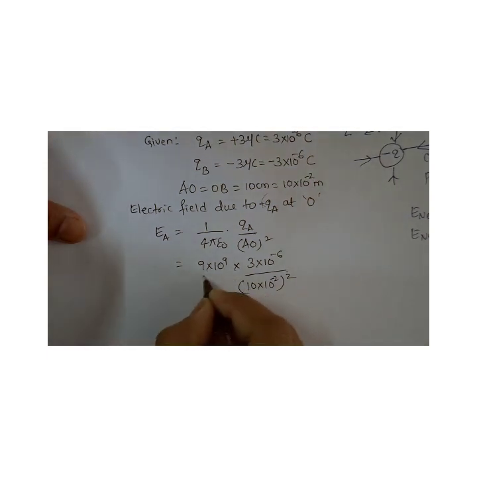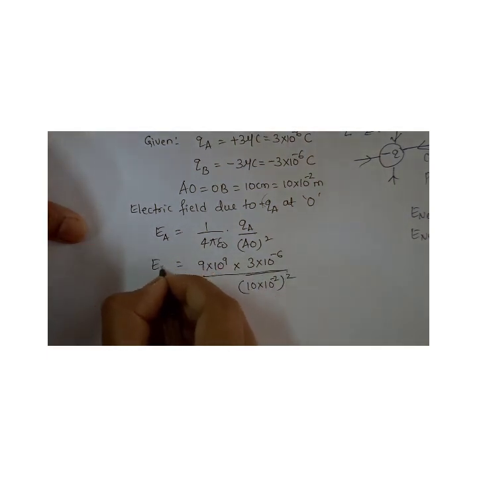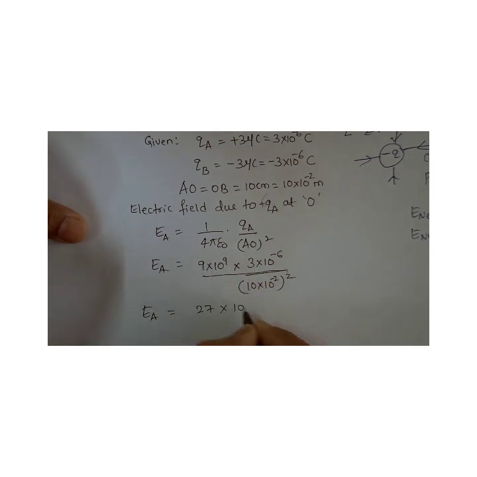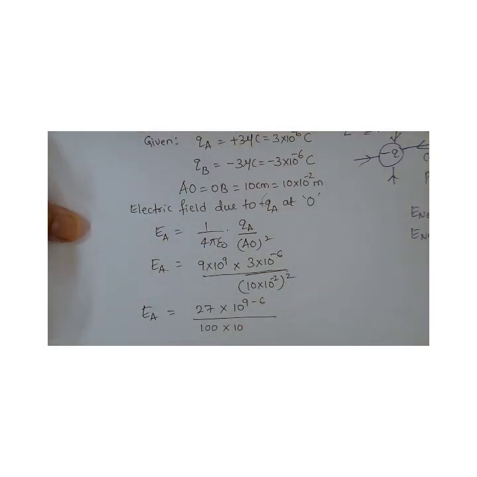Okay, take an entire EA. Now it's very simple. 9 3s are 27, 27 into 10 raised to 9 minus 6, divided by 100 into 10 raised to minus 2 the whole square. a raised to m whole raised to n is equal to a raised to m into n.